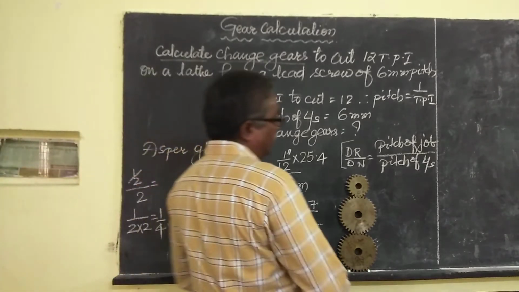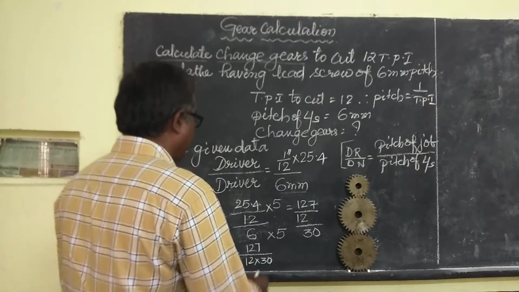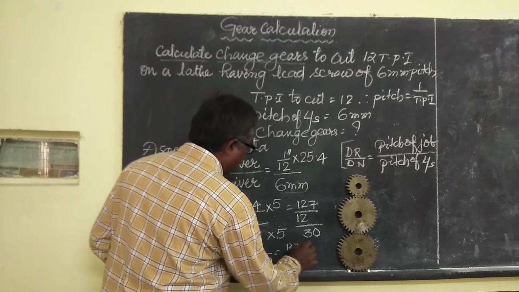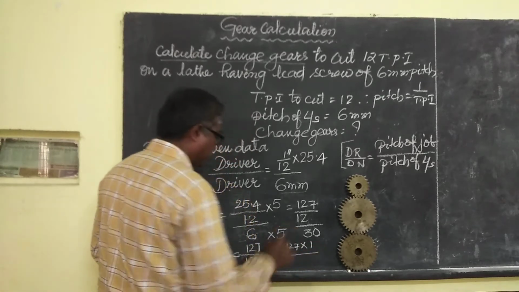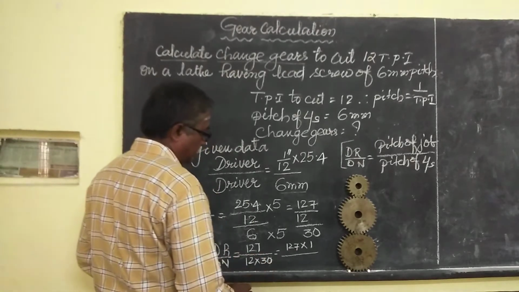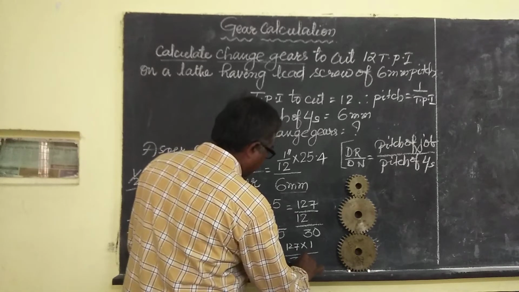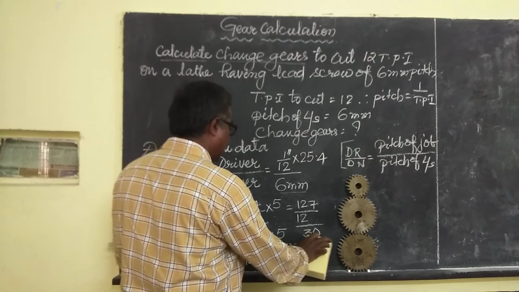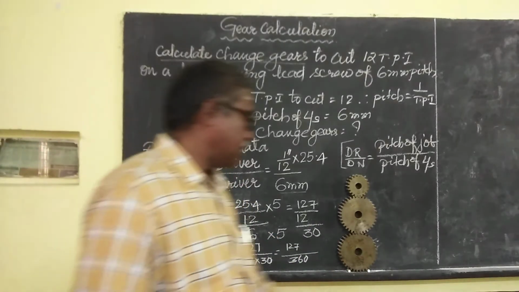Here the 127 gear is available, into 1 by 12 into 30, which is 360. Now we got 127 by 360.